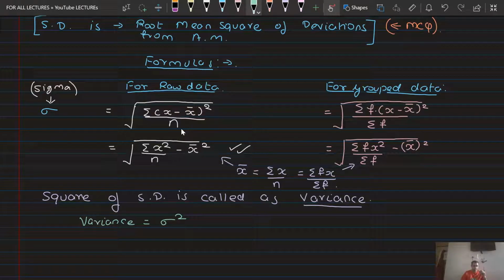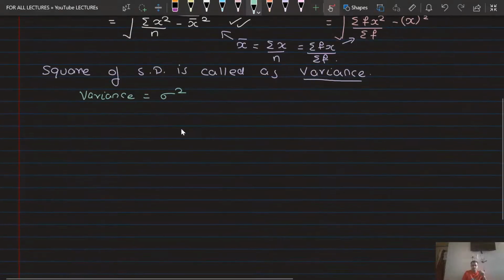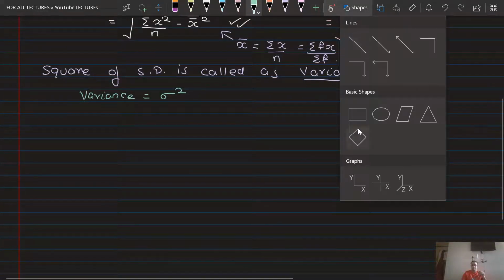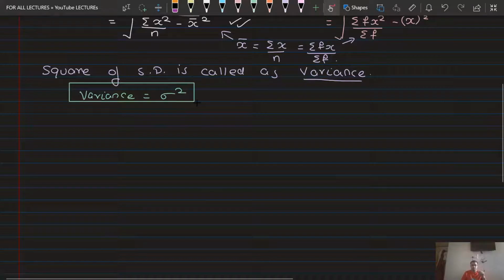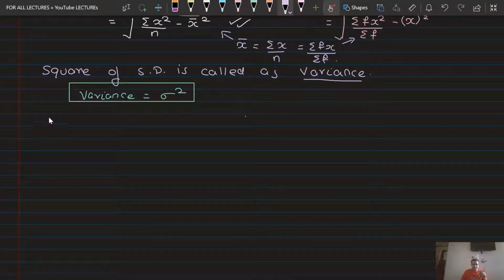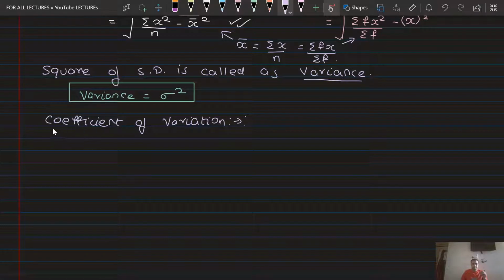After that, the next important point that comes here is the coefficient of variation. Now this is very important to understand. You can expect this kind of question in your exam.